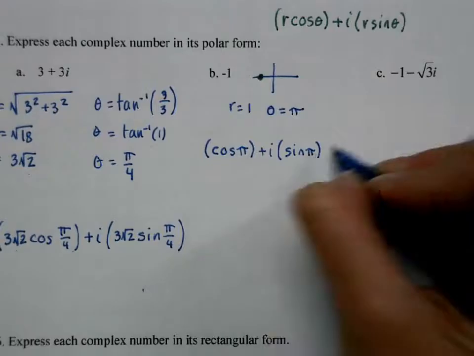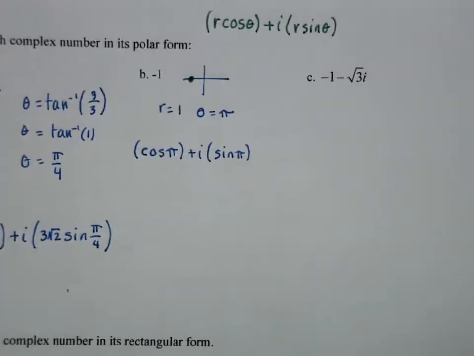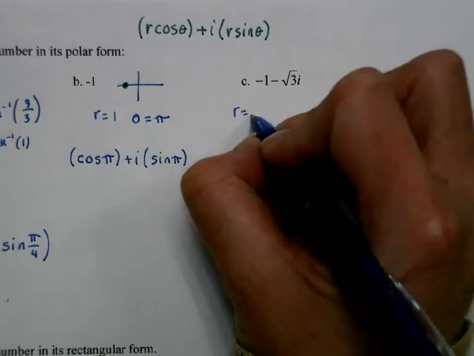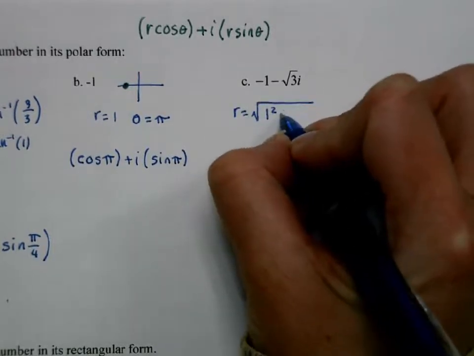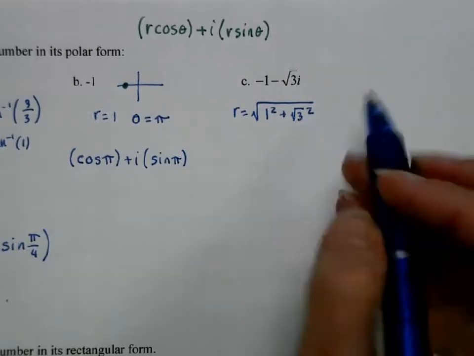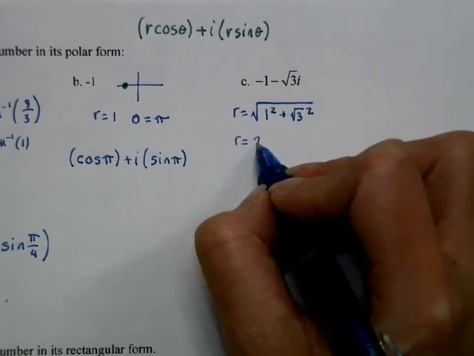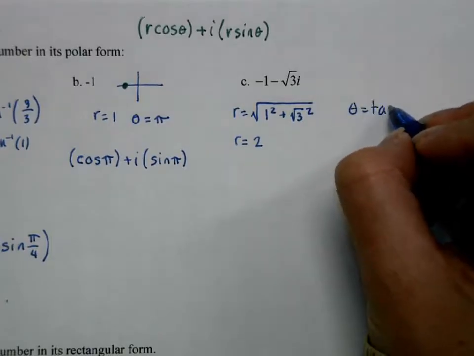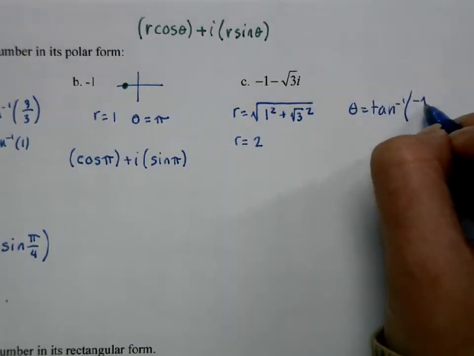And then we'll do one more here. R is going to be the square root. Again, I don't care about the negatives in this part of the calculation. So we're going to have 1 plus 3, which is 4. Square root of 4 is 2. Theta is going to be a negative root 3 over -1.